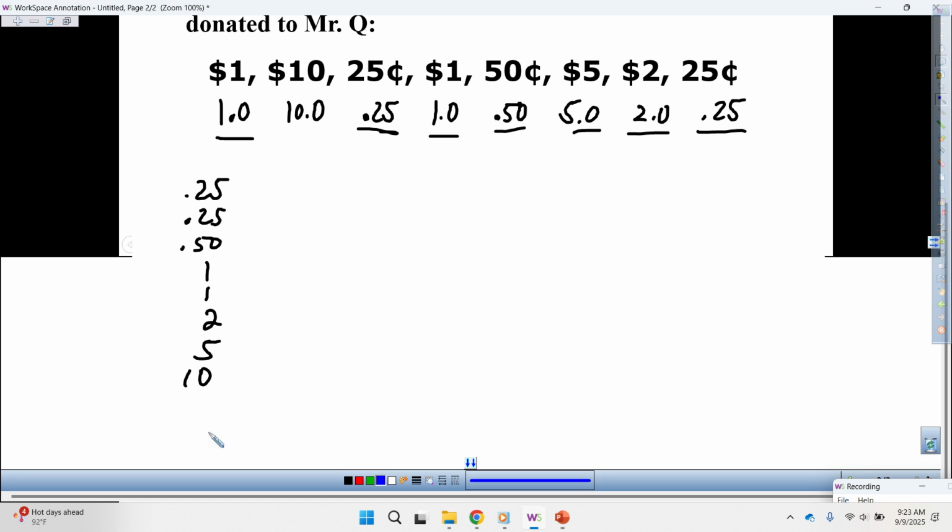So to find the mean, we add 10 plus 5 plus 2, that's 17, 18, 19, 20, divided by how many numbers? 1, 2, 3, 4, 5, 6, 7, 8. So your mean should have been 2.5. Hands if you got 2.5 for the mean.